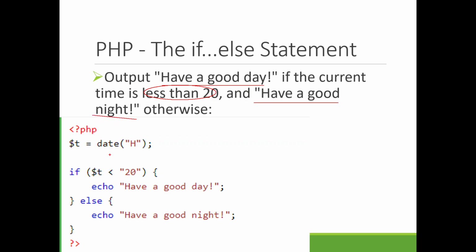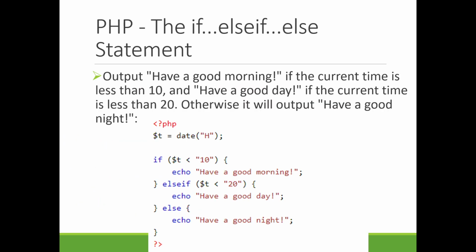Again, we declare the variable t and call the date function, passing it h for hour, and it returns the hour in 24-hour format. Then we say if t is less than 20, print this. Otherwise, which is else, print this. That is how we do that.